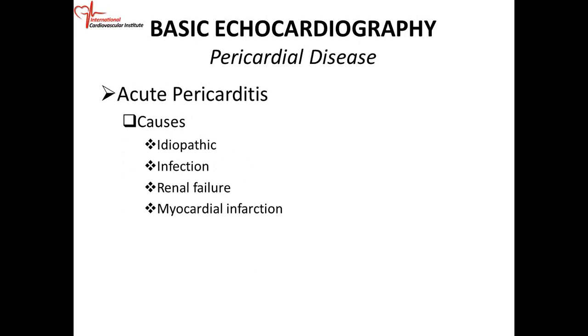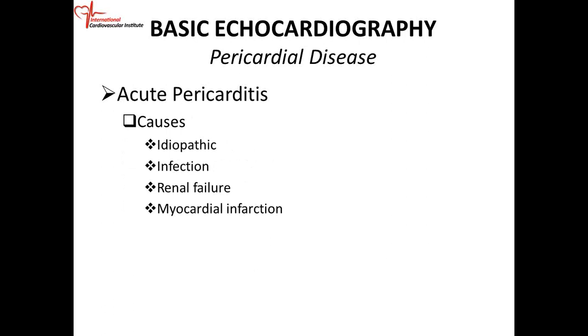Then infection is a big cause. Renal failure: uremic patients, probably in acute renal failure, even chronic renal failure, can from time to time develop acute pericarditis.